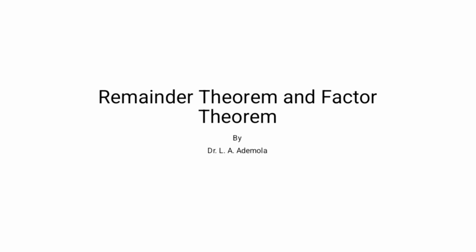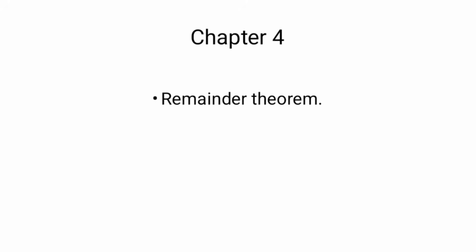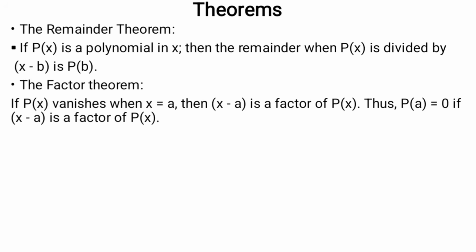Next, we'll be considering the remainder theorem and the factor theorem. So two theorems, not just the remainder theorem, okay? The remainder theorem states that if you have a polynomial, which we call p(x) in x, then the remainder when p(x) is divided by x minus b is p(b).